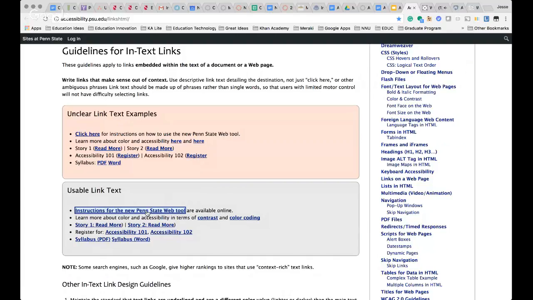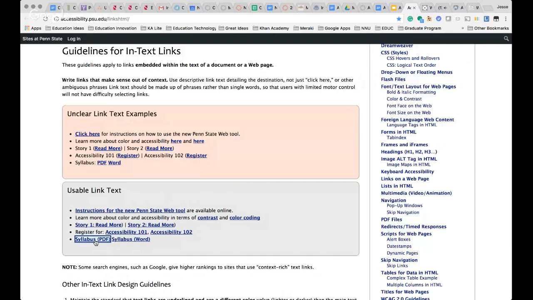Another one over here too, right? You can see "story 1," and then they give the directions of "read more." That gives you the understanding, when you're looking at it or listening to it through the screen reader, that there's more information I can use via that link for the first story. Or the syllabus. This one's my favorite: here's my syllabus. That's a PDF.